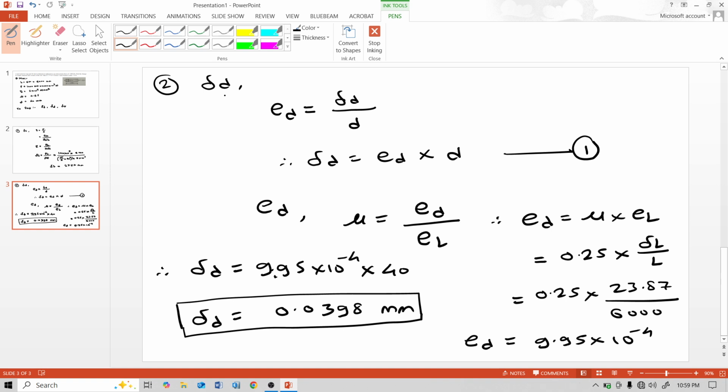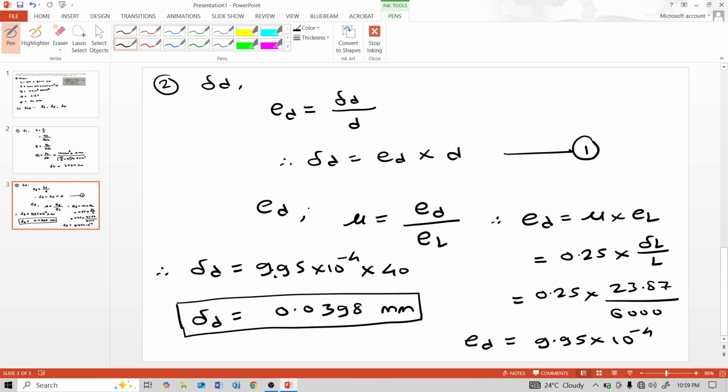For calculation of this change in diameter, we have to get help of strain in lateral direction. Strain in lateral direction is change in diameter to the original diameter. From this equation, change in diameter is strain in lateral direction multiplied by original diameter of that steel rod, and in this equation we need strain in lateral direction.